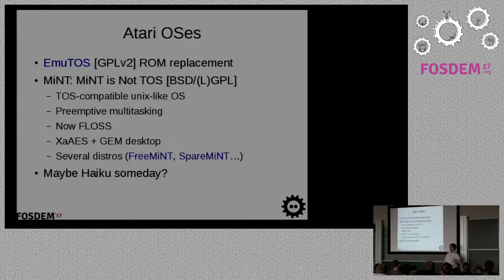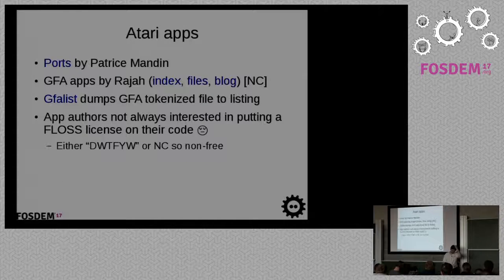There is A, B, C drive, and there's a U for Unix drive, which has /proc and so on. So it's a bit weird, but it's funny. And maybe Haiku someday. I started a Haiku port, but well. And I've put up a lot of links. All the blue words are hyperlinks in the PDF, so you can click them.